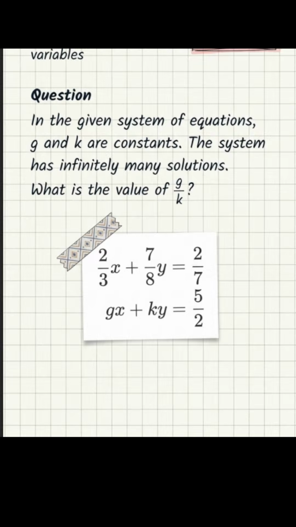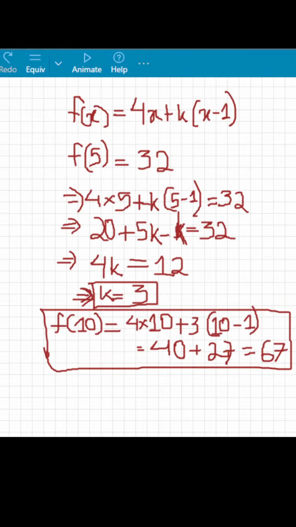Okay, let us do the solution. First let us write the equations given. We're given 2 by 3x plus 7 by 8y is equal to 2 by 7.